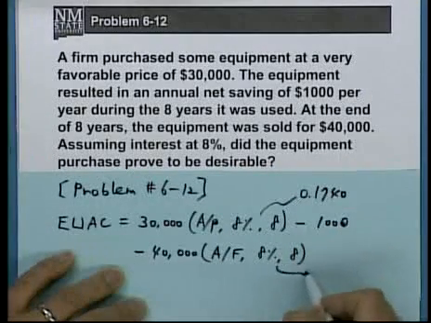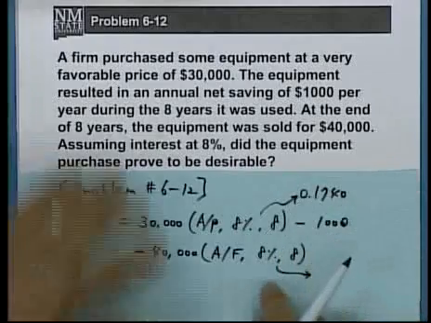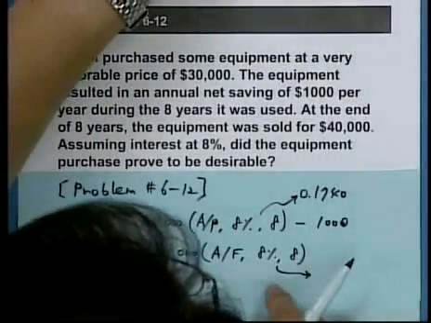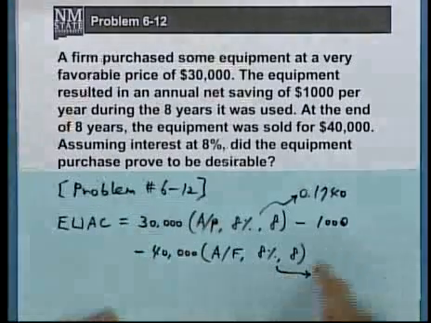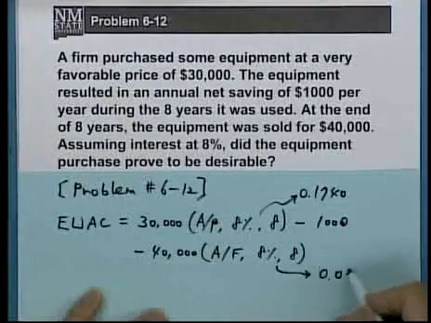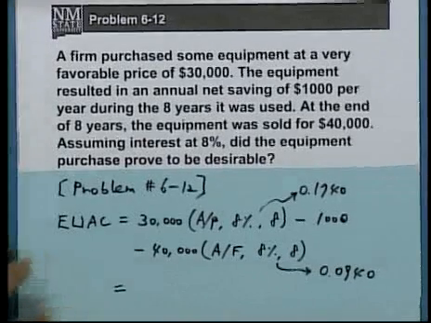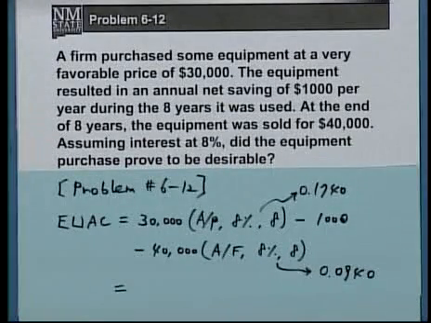What about this? A given F over 8 periods is 0.0940. So how much is the equivalent uniform annual cost?